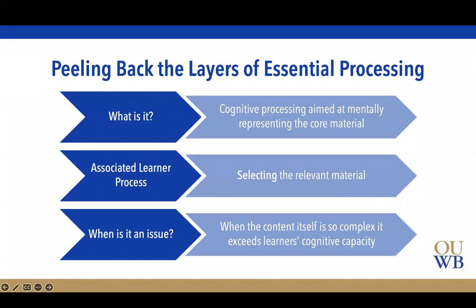So last month, we talked about extraneous processing and the idea of us as instructors eliminating, as much as possible, the potential for students to select the incorrect information by simply not sharing it. But if we have a lot of really important information and it's not extraneous, it actually supports the core goals of the lesson, it can be overwhelming for students to select the correct information.